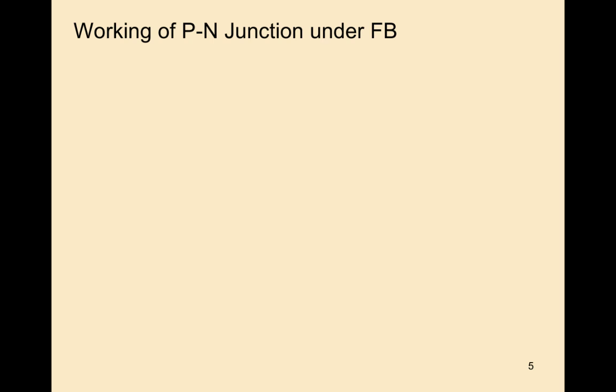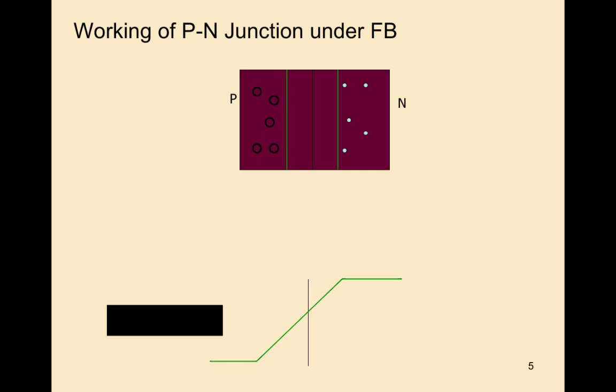Now we observe how this PN junction works in forward bias condition. See the diagram. In the P-type, holes exist and in the N-type, electrons exist. This green line is the depletion region.